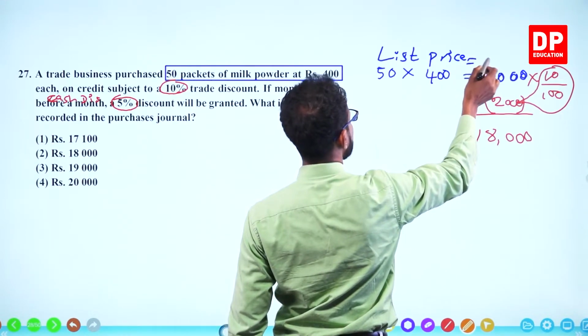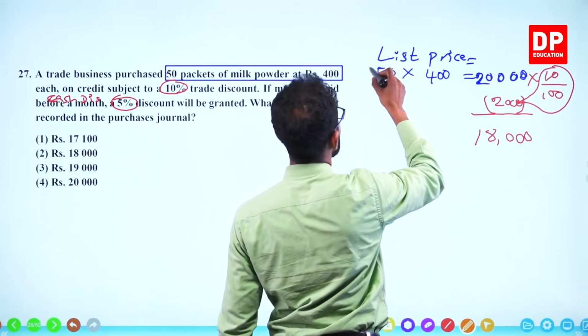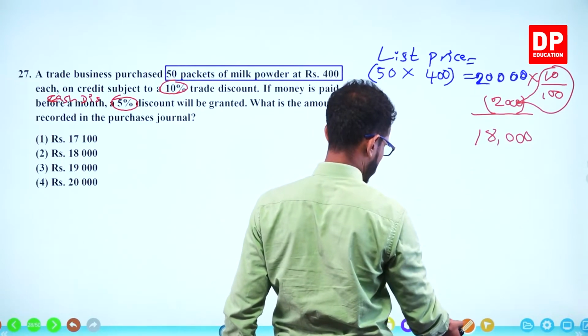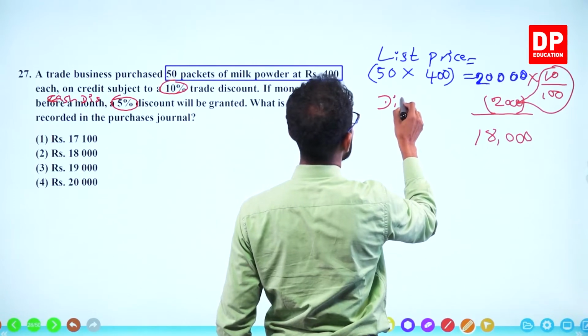List price is 20,000. Discount is 2,000.